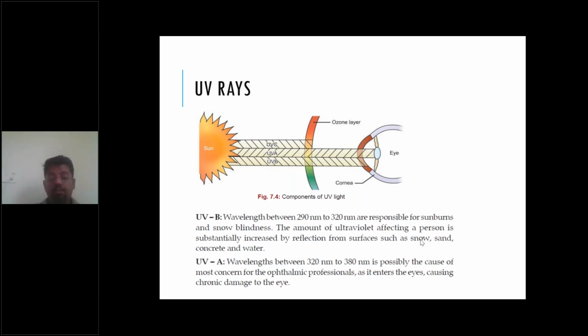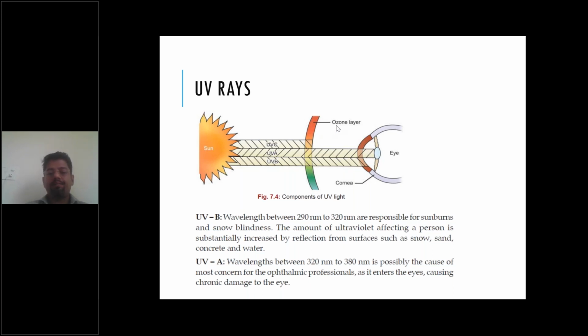As I was saying, UV light can be distinguished between UVA, B, and C. As you can see in the picture, UVB can reach up to the cornea, but the cornea has properties that don't let UVB pass inside the eye, whereas UVA can pass through the cornea, but it cannot pass through the lens.